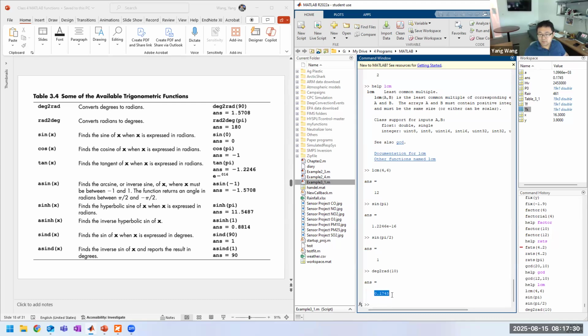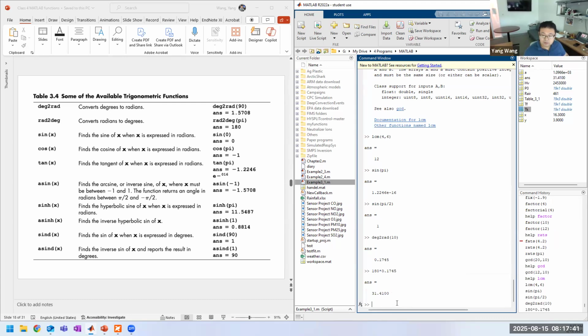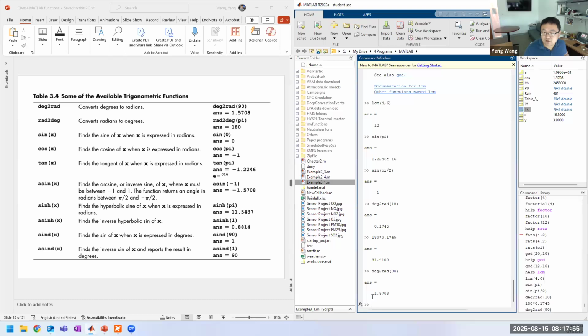So 10 degree is pi multiplied by 0.1745, which is 10 divided by 180. It's going to be pi, right? So for example, if you do degree to rad of 90, this is pi over 2.